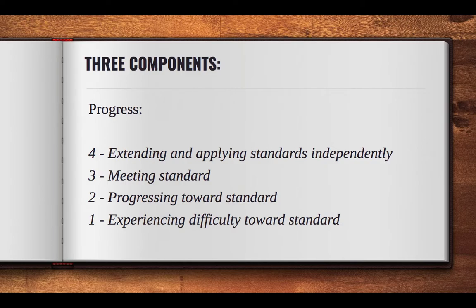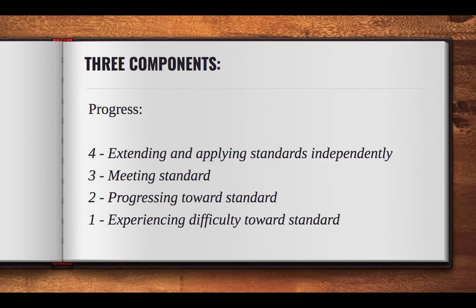As a general rule, you will want to expect 3s on the report card for the standards. However, students will be occasionally extending and applying standards, and teachers will mark this accordingly.